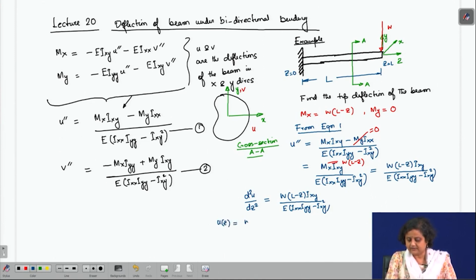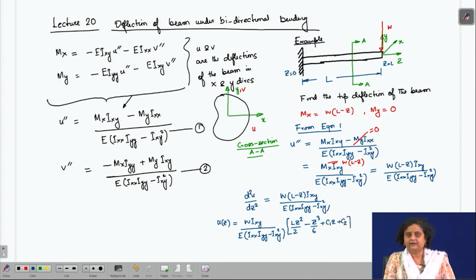If I take the integral, I will have Ixy, and the integral of that is going to give me L z square by 2 minus z cube by 6 plus C1 z plus C2, where C1 and C2 are the constants that we have to deal with.